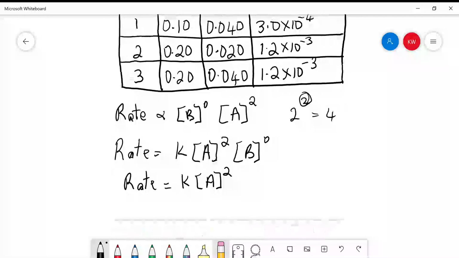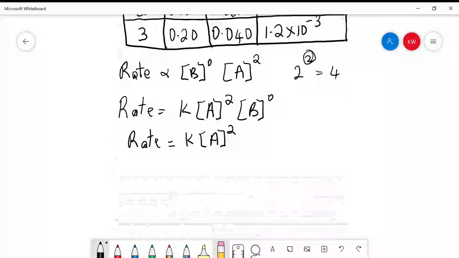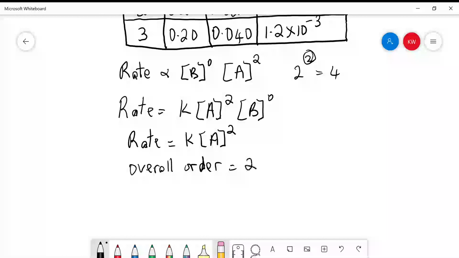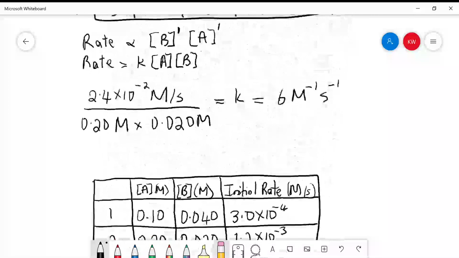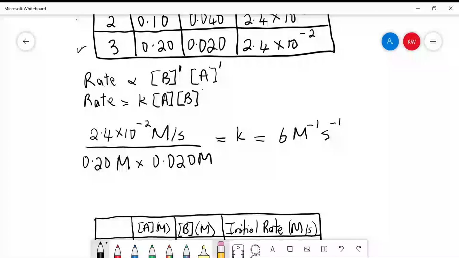Now, if you're asked what is the overall order for this reaction, the overall order would be equal to 2, because this is 2 plus 0, which is 2. For the example we did before, the overall order is also equal to 2. This is 1 plus 1. So we could say the overall order is equal to 2.